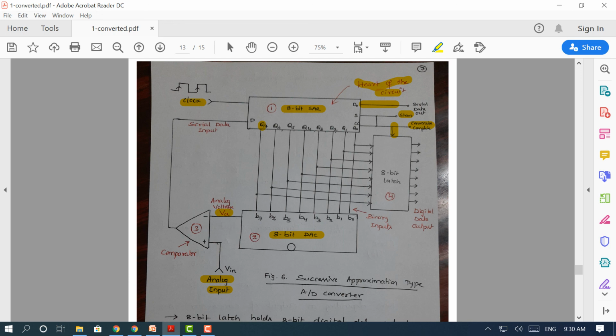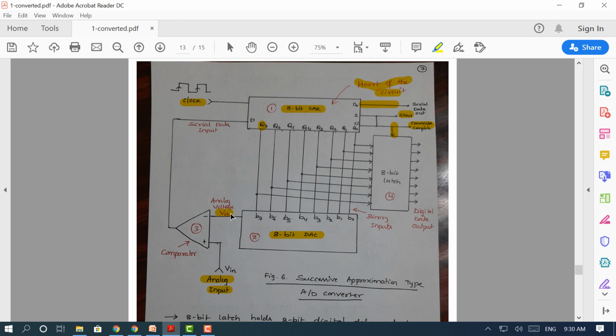For this input combination, the 8-bit digital to analog converter converts it into an analog voltage. This analog voltage is compared with the input voltage.